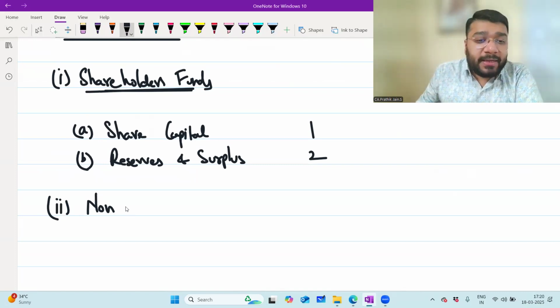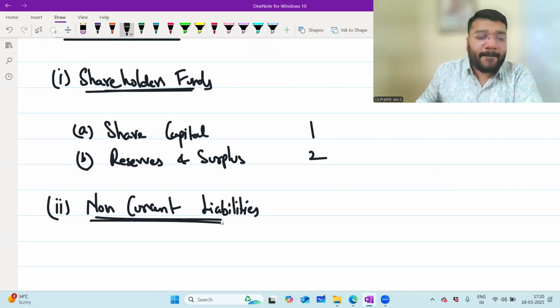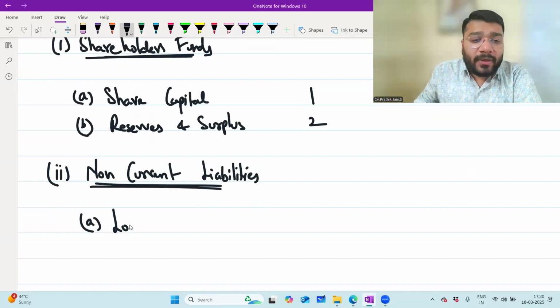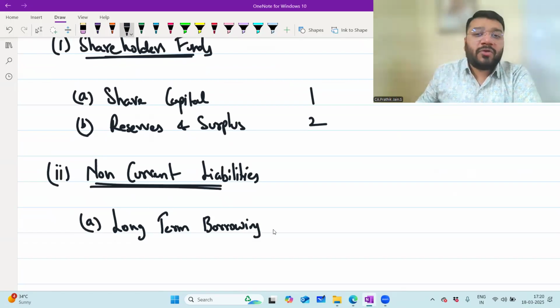So non-current liabilities. Under that we have the first item, long-term borrowing. Do we have to give any note for long-term borrowing? Yes, note 3.